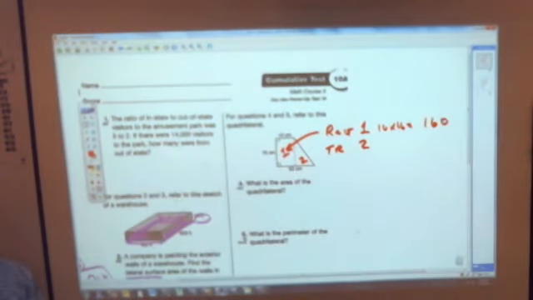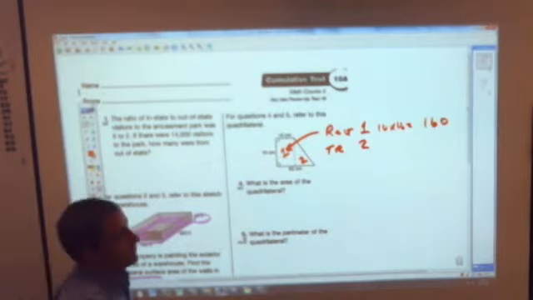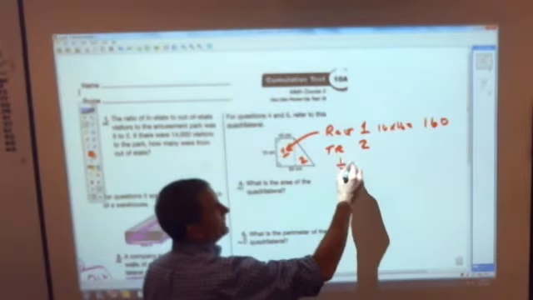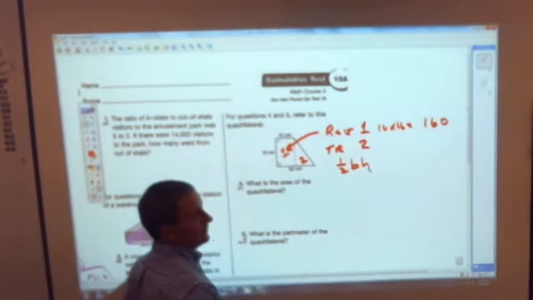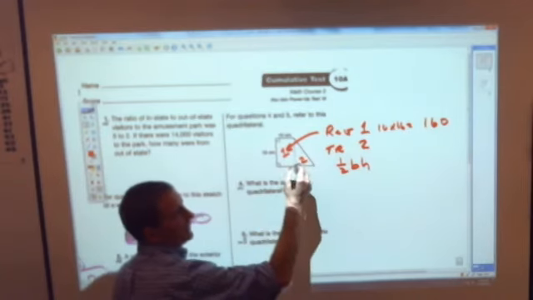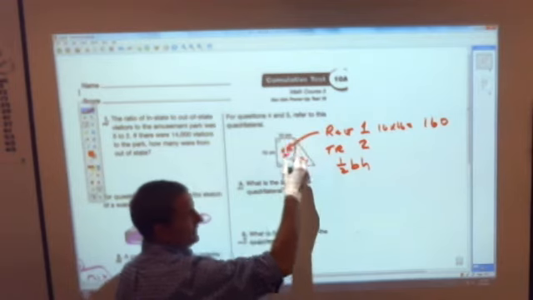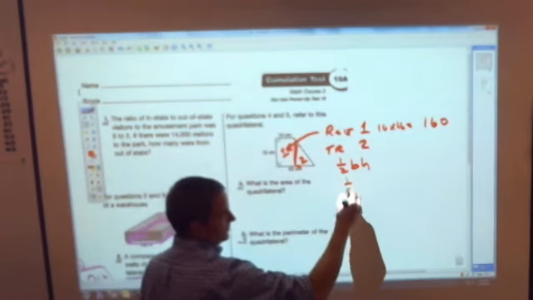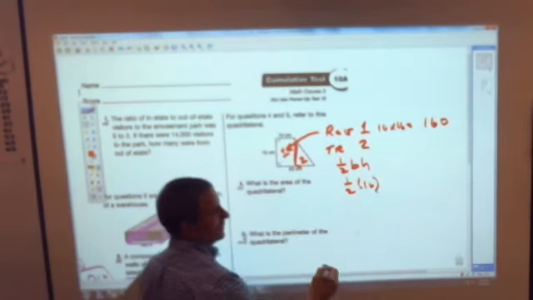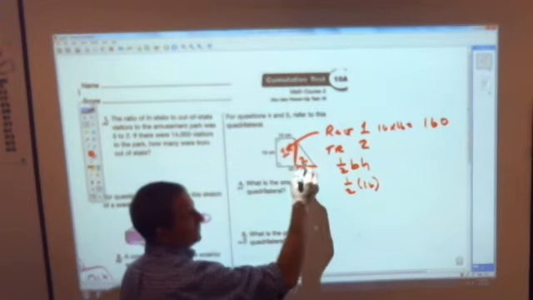Triangle number 2, you have to use the formula for the area of a triangle, which is 1/2 base times height. The base and the height have to form right angles with each other. We know the height of 2 is 16. It doesn't matter where I put it. And the base is just this piece from here, not the whole thing.